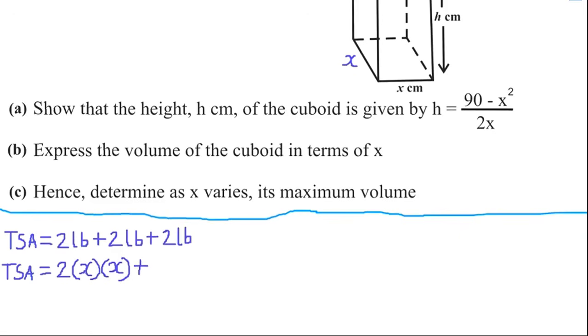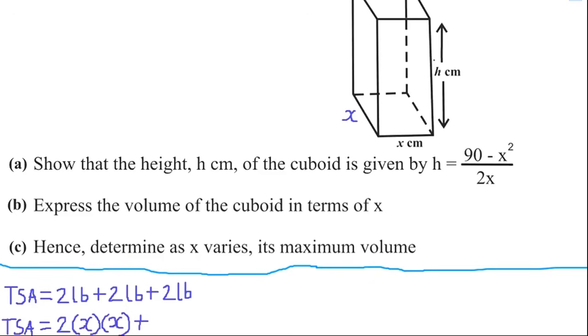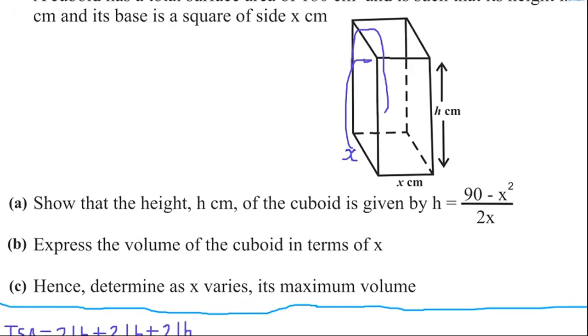Let's now go to the second step. We have 2L times B. Let's try to identify that part. That part is that rectangle that we have there. We're going to denote L with the letter H and then the breadth as X, and then there we also have that rectangle there. So we have the height.